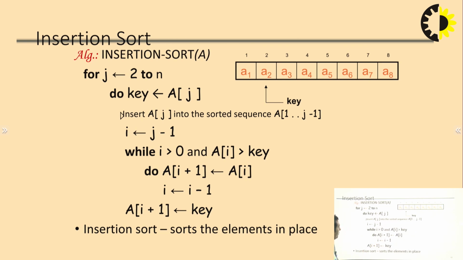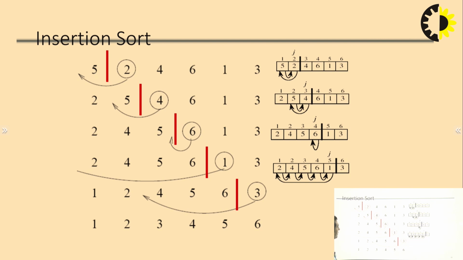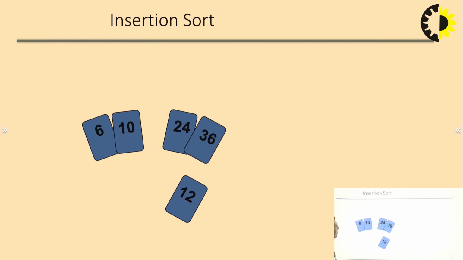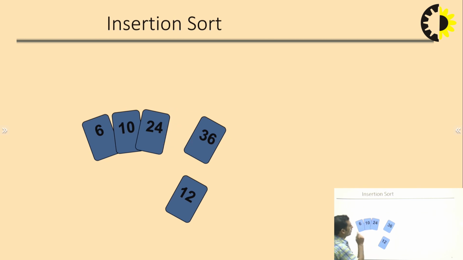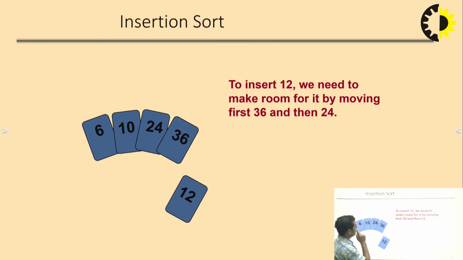Just see with the help of the card example. Now we are picking a card. This is the j loop, jth position, and this is the ith loop. First i is at j minus 1 position.